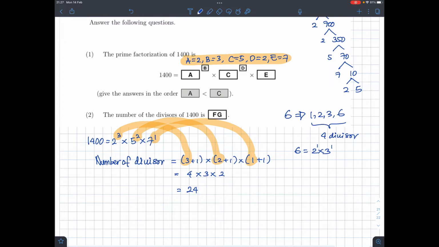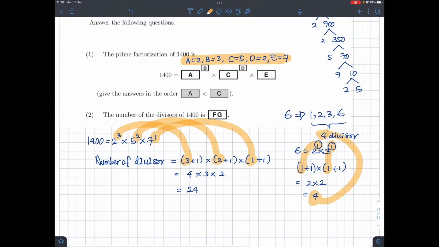Just like the previous theory, to find the number of divisors you add 1 to every power, so you get 2 times 2, which is 4.